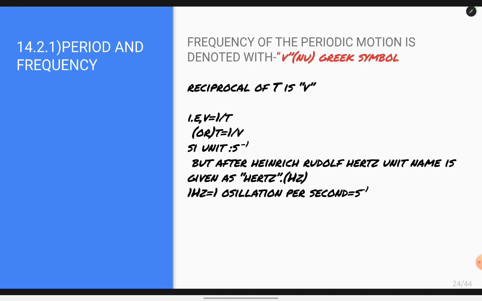So from that we get the equation nu equals 1 by T, or T equals 1 by nu, where the SI unit is second inverse. For frequency, the SI unit is second inverse. But after Heinrich Rudolf Hertz, the unit name is given as Hz. For frequency, the unit is 1 Hz, and 1 Hz is equal to 1 oscillation per second, which is denoted with second inverse.